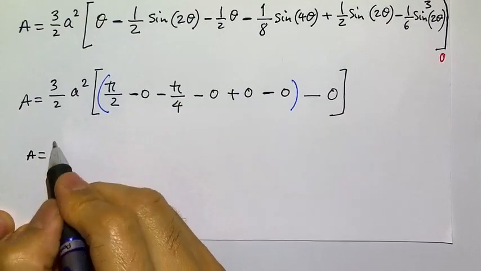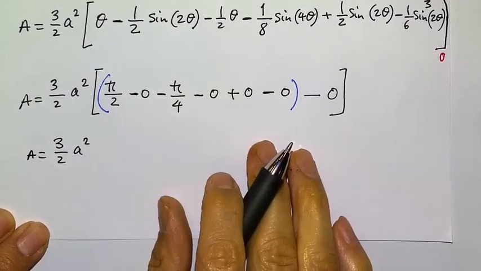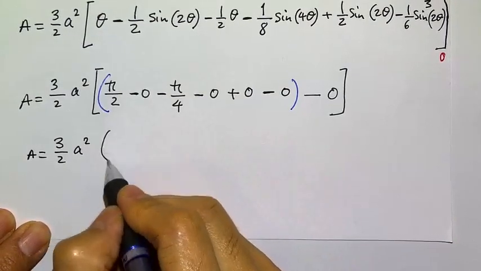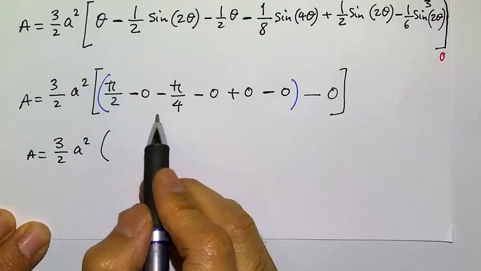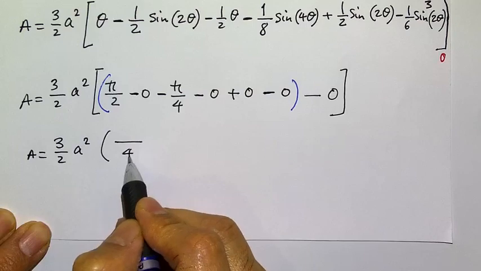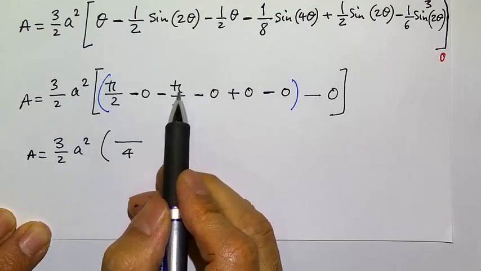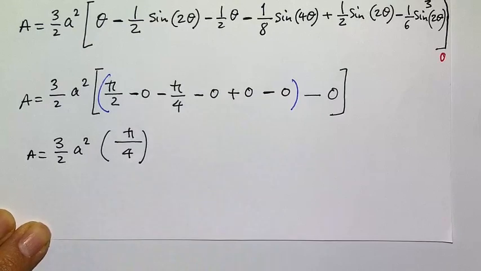So this is 3/2 a squared times pi over 2 minus pi over 4. After taking the common denominator, we have 2 pi minus pi, we have pi over 4 on the inside, right?